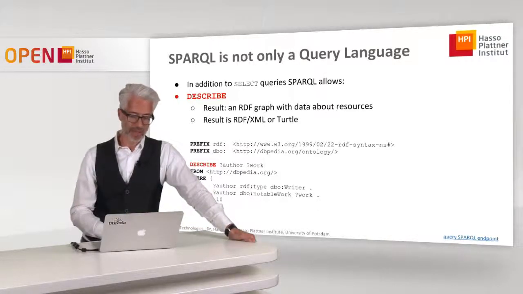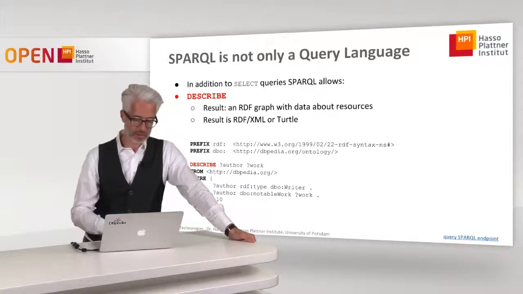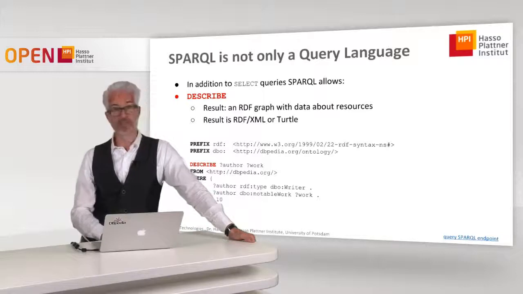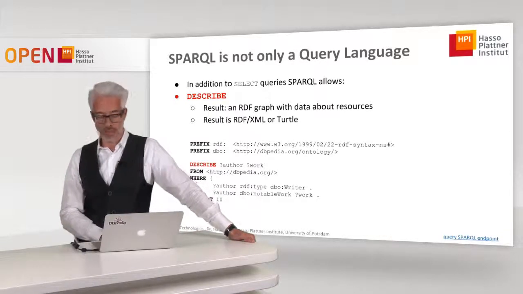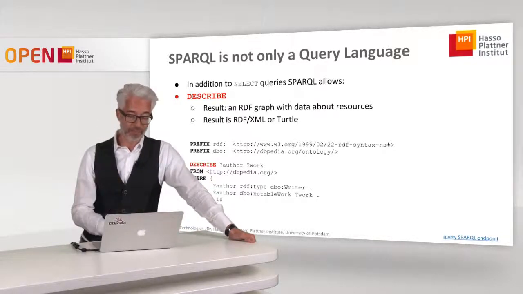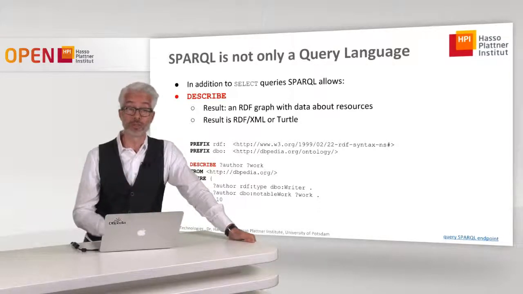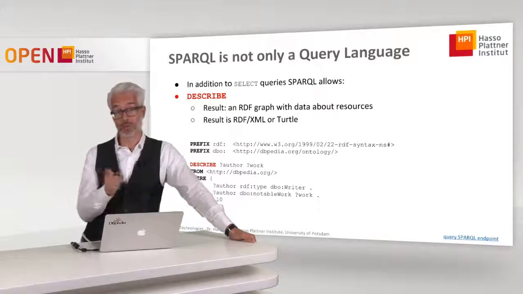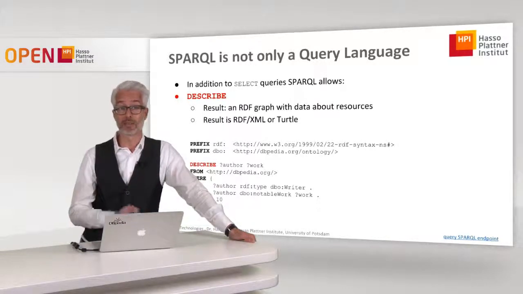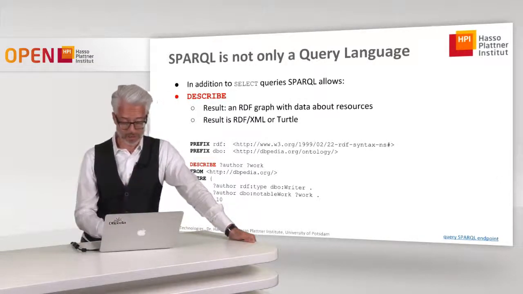We say describe author and work, and we have the same one. Author should be a writer, and of course we want to have the connection via DBO notable work to its work, and we limit this to 10 because the result will be quite long. We will have a description of all the returned resources, which means we return all triples which are related to exactly the resources which are specified here.